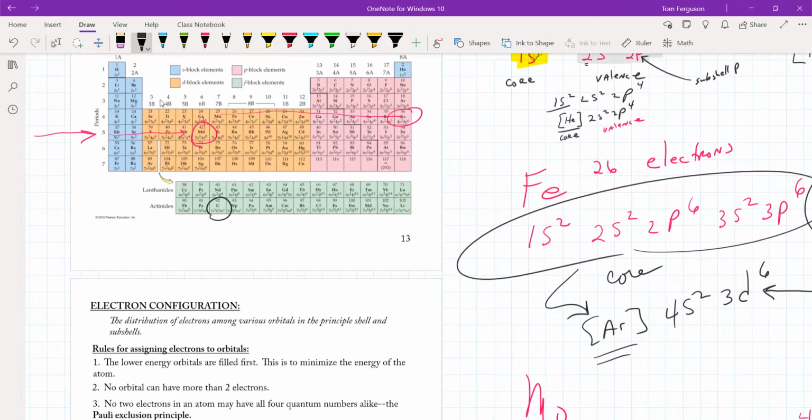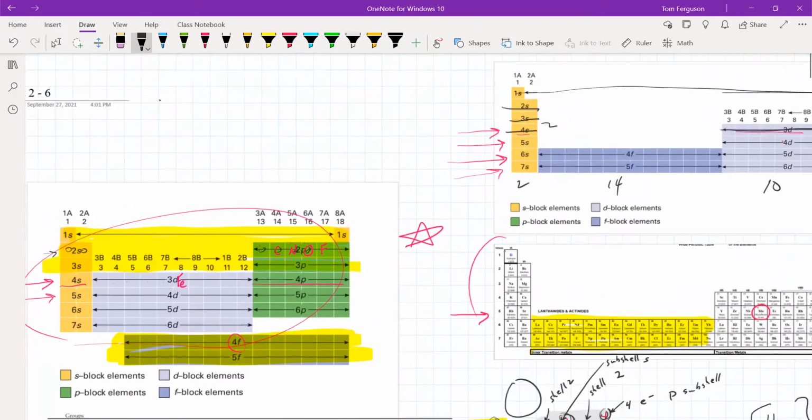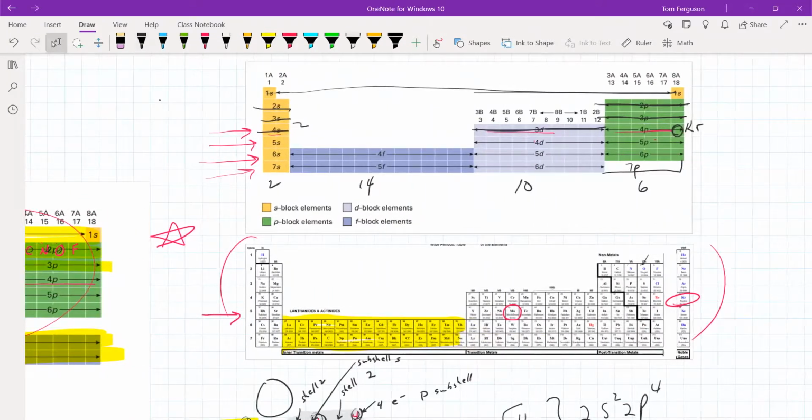Uranium. It's wildly complicated, but not if you look at it this way. Here is uranium right here. So how are we going to do that? It's in the f's, 1, 2, 3, 4 into the f's.